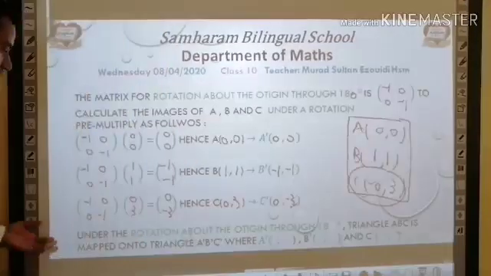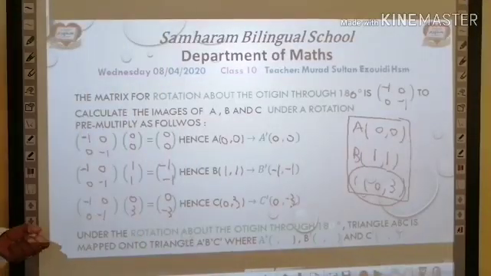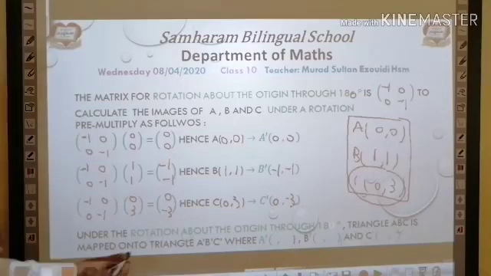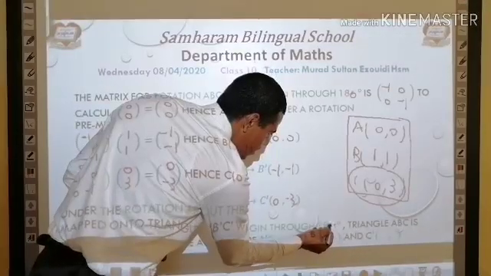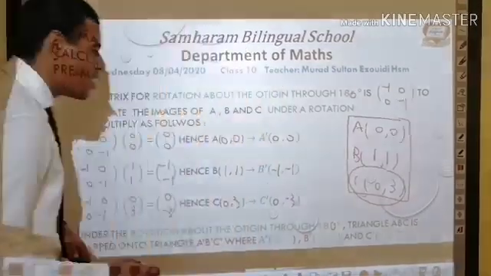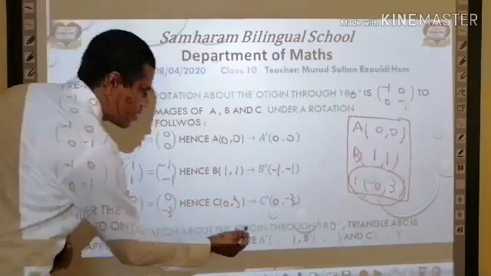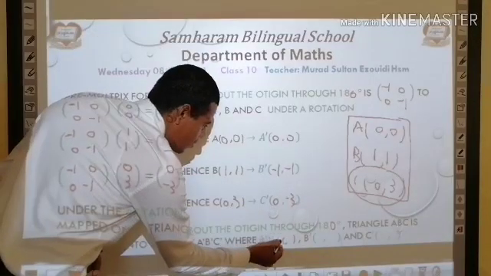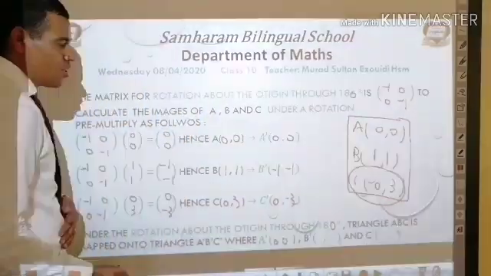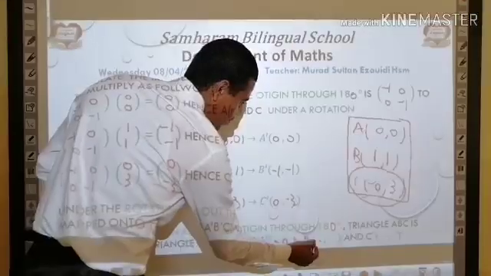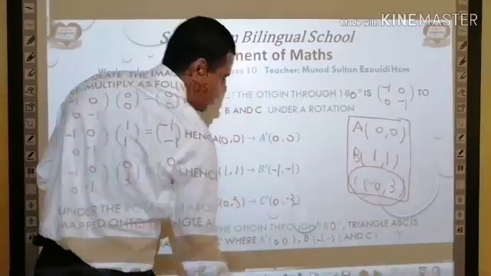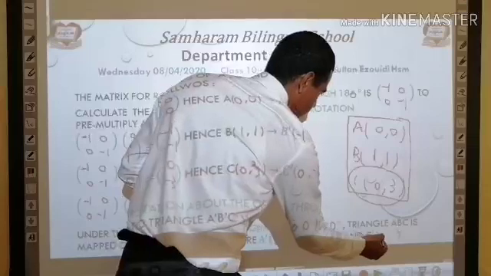Now, as a conclusion, we can conclude that in the rotation about the origin through 180 degrees, triangle ABC is mapped into triangle A prime, B prime, C prime, where A prime has coordinates 0, 0, which denotes the origin, and B prime is negative 1, negative 1, and C prime is 0, negative 3.